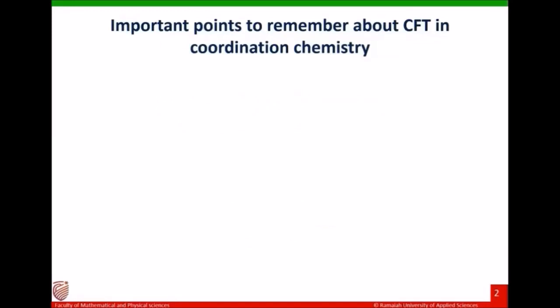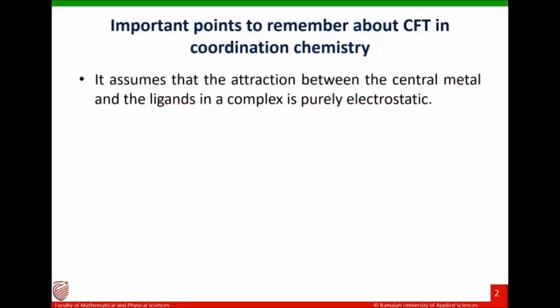All of you studied crystal field theory in your PUC. So before starting my class, I would like to bring up those points you studied in your PUC. In a coordination complex, the central metal atom or ion along with ligands are present. It assumes that the attraction between the central metal and the ligands in a complex is purely electrostatic.